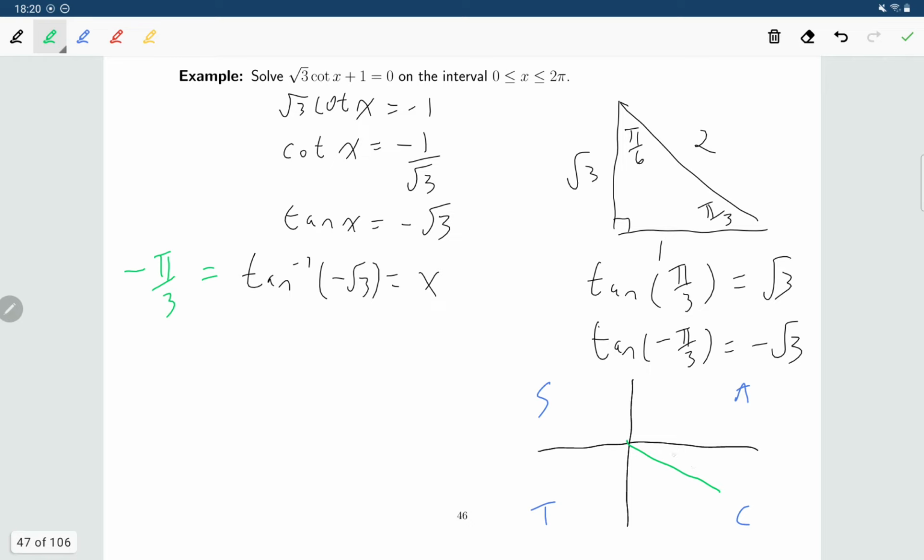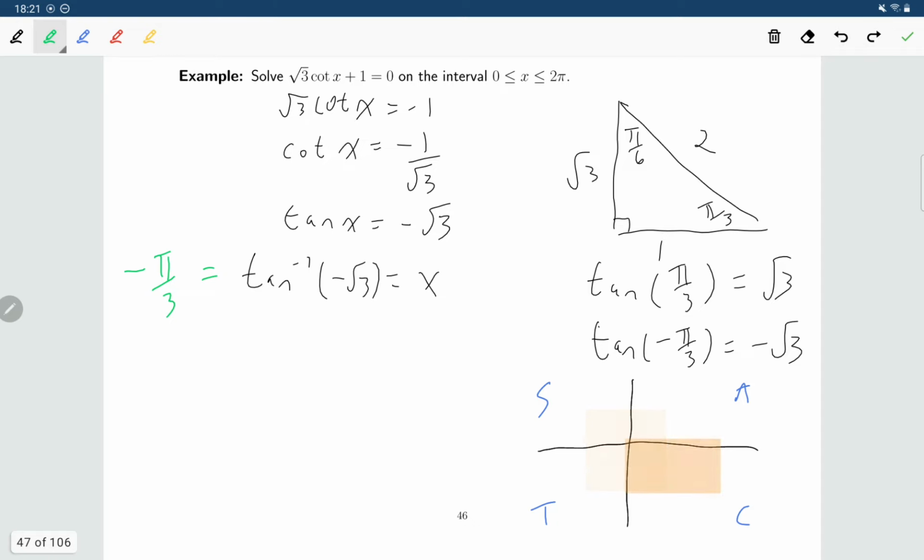But like I say, that's not how we're going to think of that angle, because that angle is not in this interval. So instead of negative pi over 3, I'll think about it as positive 5 pi over 3. Because, of course, that has the same reference angle of pi over 3.